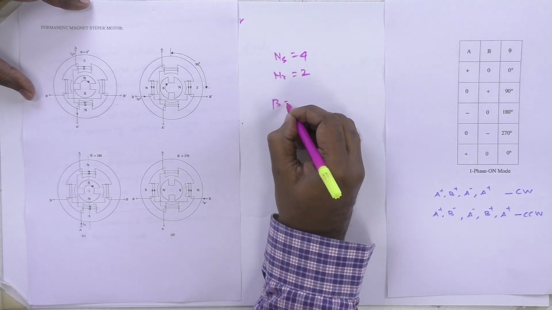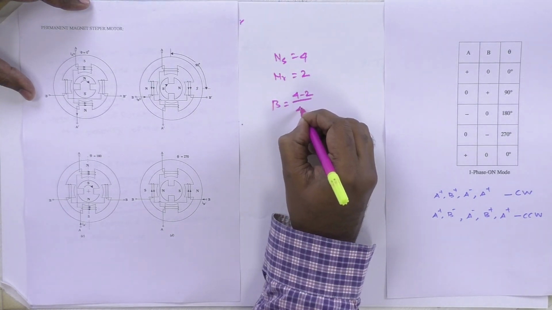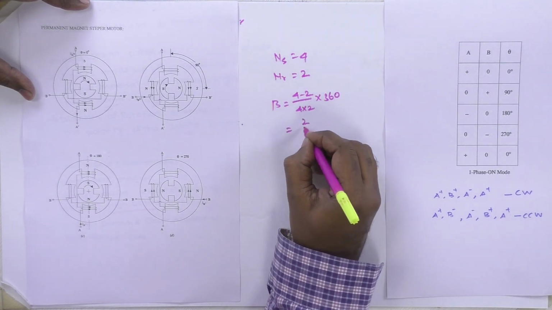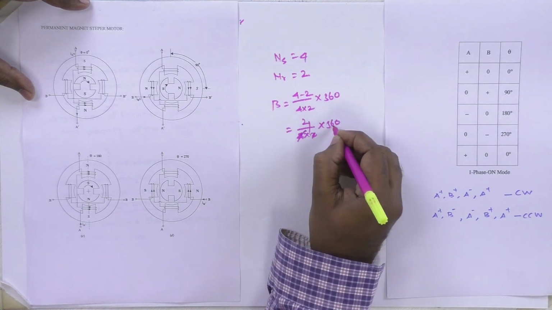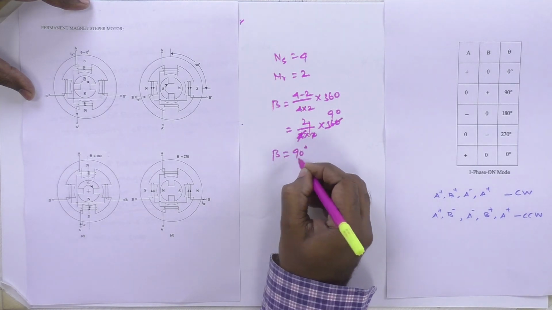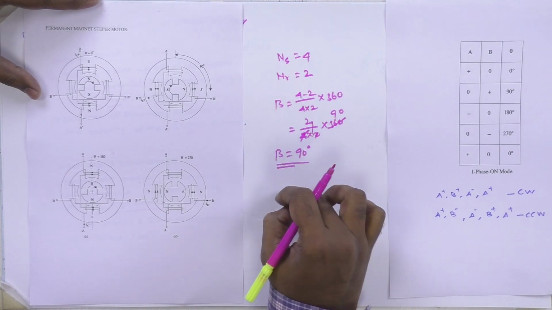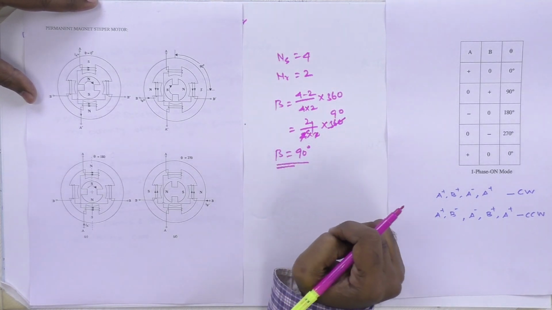Then we can calculate the step angle: (Ns minus Nr) divided by (Ns into Nr) into 360. That is 2 divided by 4 into 2, which gives 90. So the step angle is 90 degrees. For each input pulse, the desired angle of rotation of the shaft is 90 degrees.